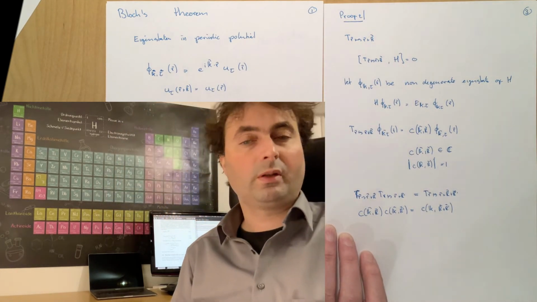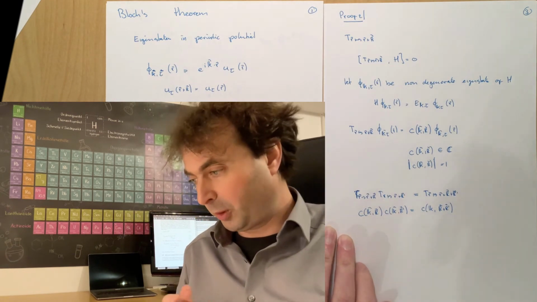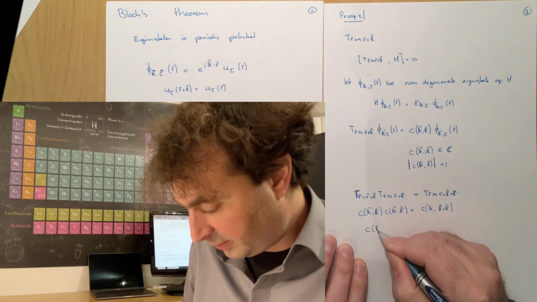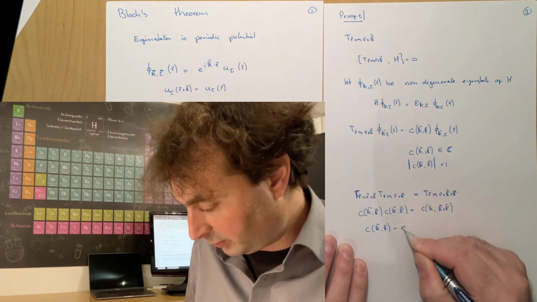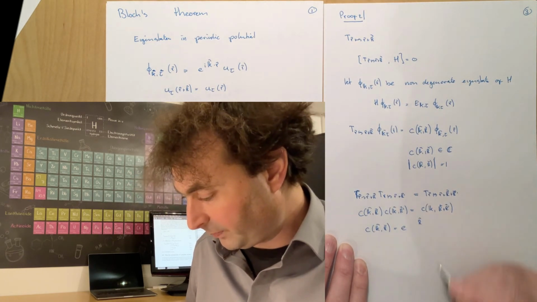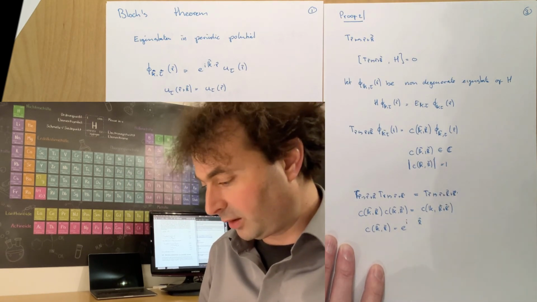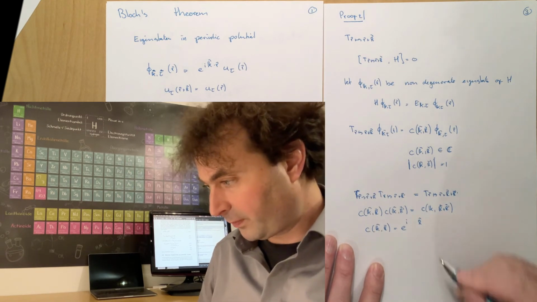Well, the function of R that has this property is the exponential. So we know that C k of R is equal to e to the power of something. The norm has to be 1, so it is i k dot R, and I can put here an arbitrary phase.